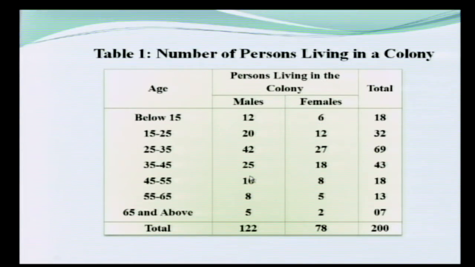These numbers reflect the number of persons living in a colony having different age groups. The age is the stub given in the rows. In the columns, the persons living in a colony have the subheadings males and females. So this is a composite type of table, also known as a two-way table.